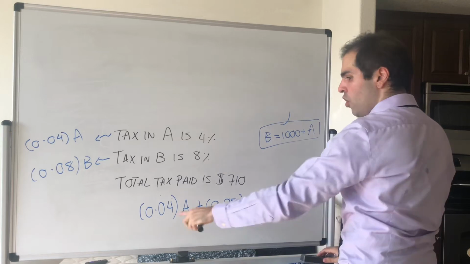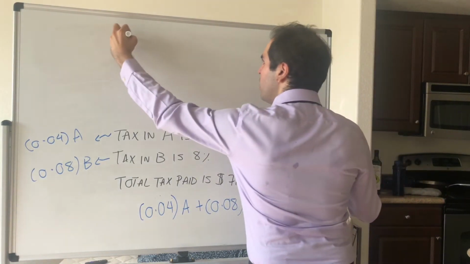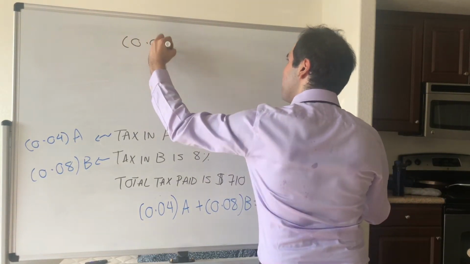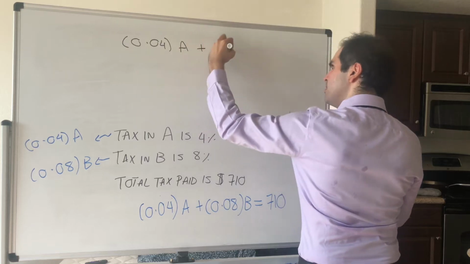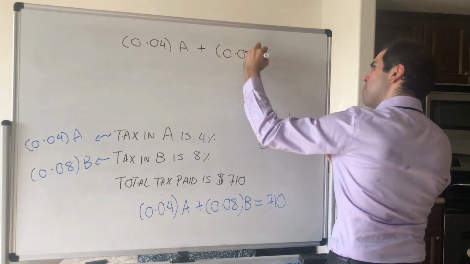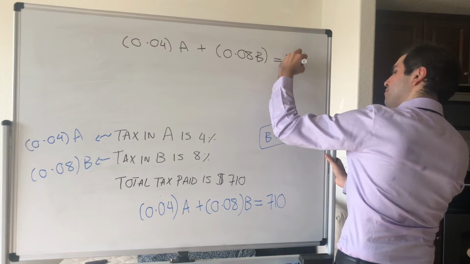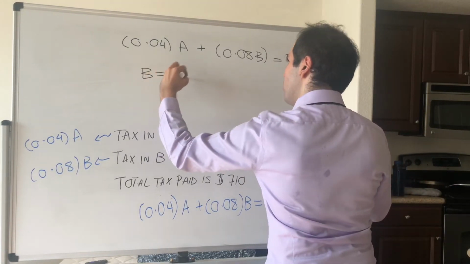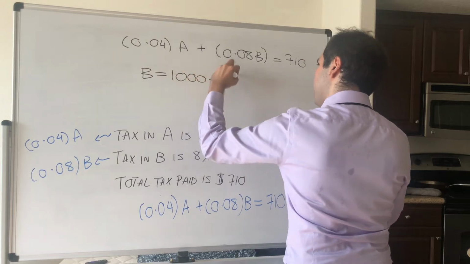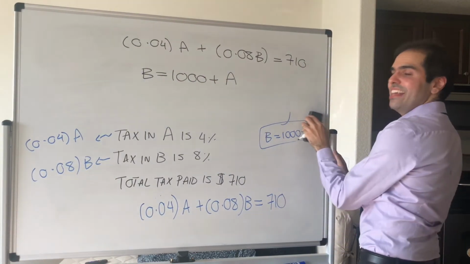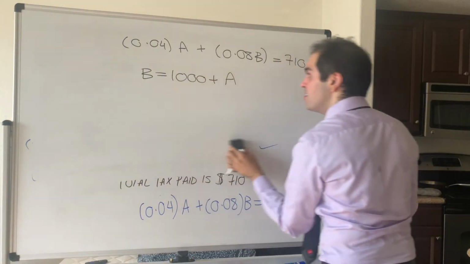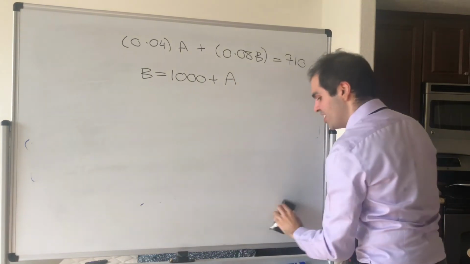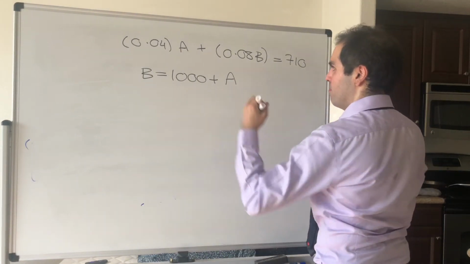All right. So what do we know? On the one hand, we know that 0.04A plus 0.08B is 710. And we also know that B is 1,000 plus A, which is fantastic because you can just plug the second equation into the first equation.